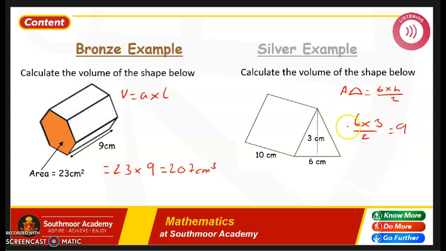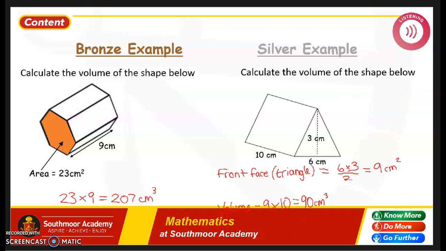So the area of our triangle equals 9. And we now need to find the volume. The volume is equal to 9 times our length, which is 10. So our volume is equal to 90 centimetres cubed. Pause the video to allow the students time to copy it down. Otherwise, I'm going to move on to your trial questions.